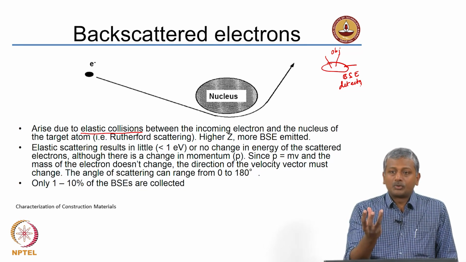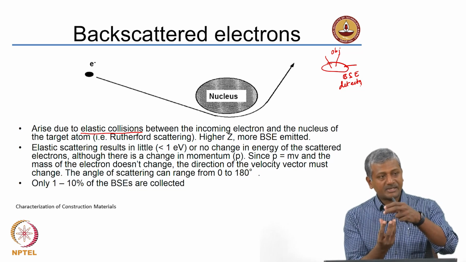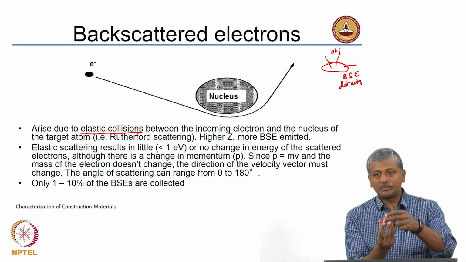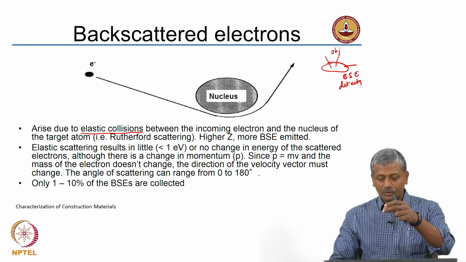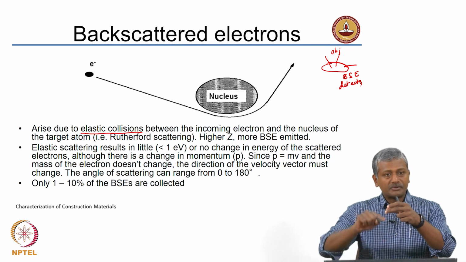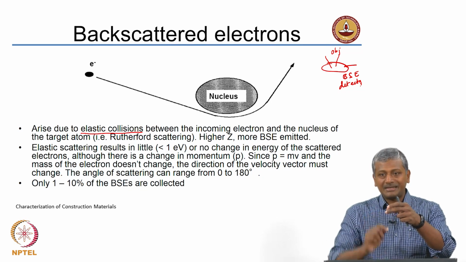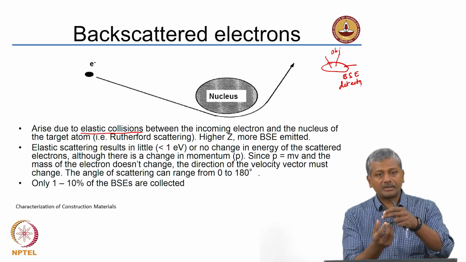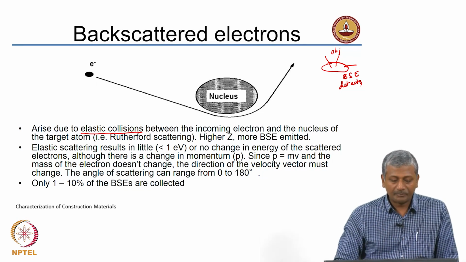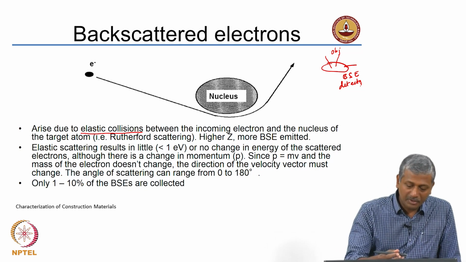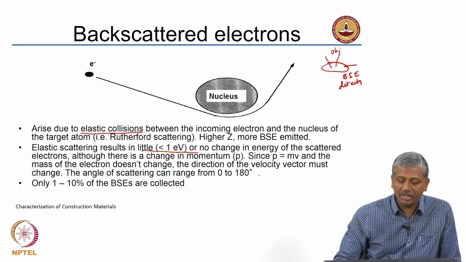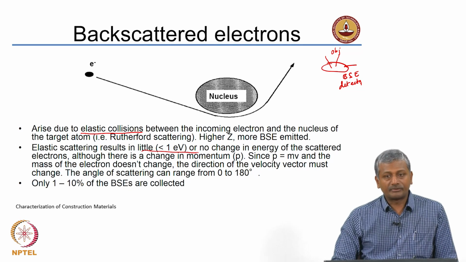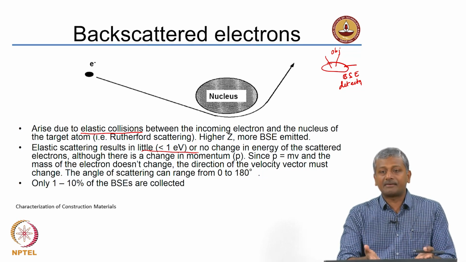I told you earlier that it is an annular ring just around the objective lens, so that electrons that strike the specimen can come straight up with almost a 180 degree turn in their path and get detected directly by the detector. Because it is elastic scattering, there is very little change in the energy of the scattered electrons, but there are of course other inelastic scatterings that are also happening.